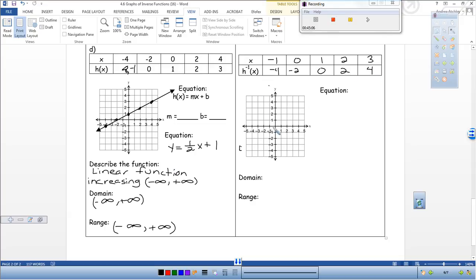So I'm going to go where x is -1 and y is -4. I'm going to go where x is 0 and y is -2, 1 and 0, and then 2 and 2, and then 3 and 4.